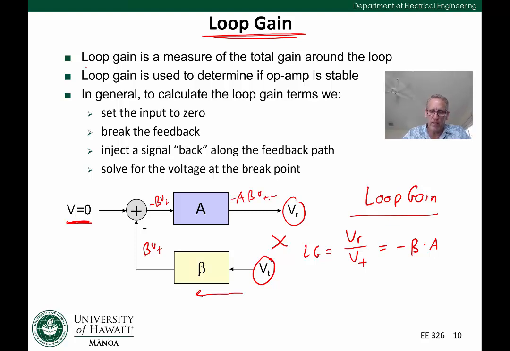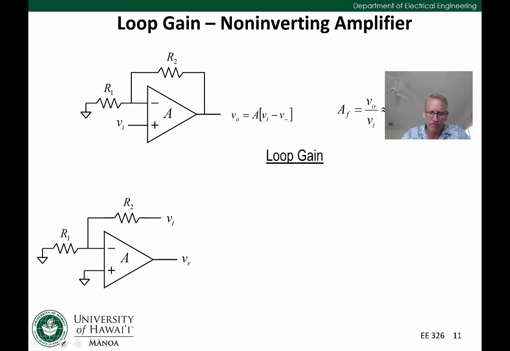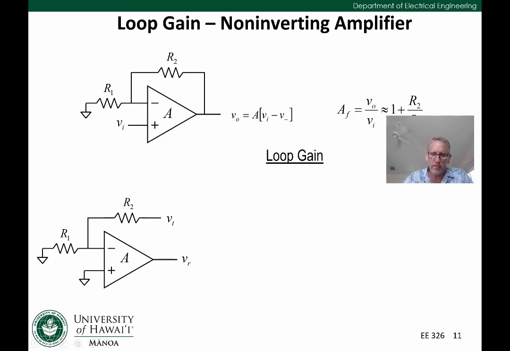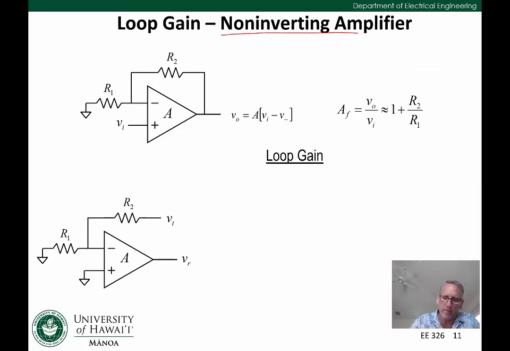All right, so let's do an example with loop gain. The example we're going to use in this case is the non-inverting amplifier. For the non-inverting amplifier, the input is going into the positive terminal. We know from other classes that the closed loop gain, AF, is approximately 1 plus R2 over R1, assuming again that our loop gain is large.